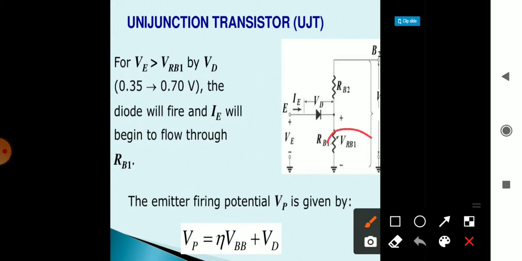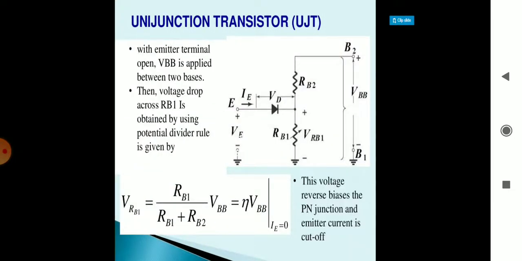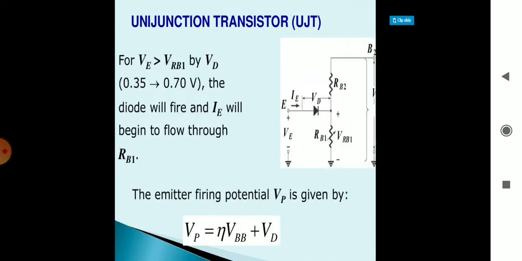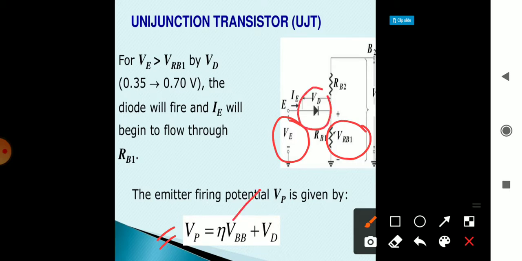This VRB1 can be given by eta into VBB, which we studied in the last slide. So in order to turn on the UJT, the emitter voltage should be equal to the VP voltage. This VP is the drop across VRB1, that is eta into VBB, plus the drop across the diode. Then only the UJT will trigger. So this is the condition to turn on the UJT.